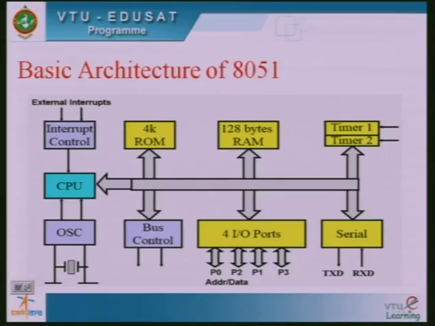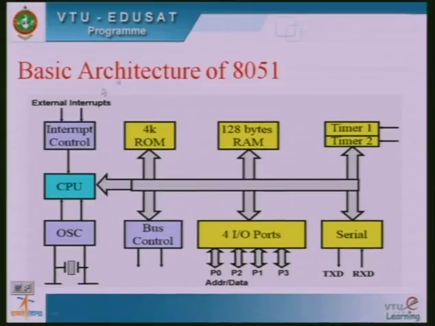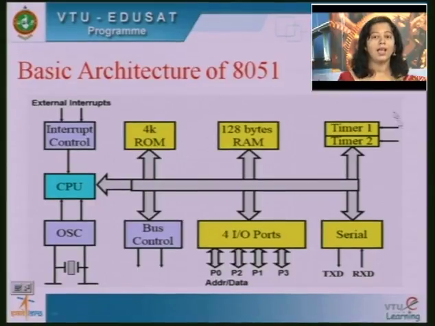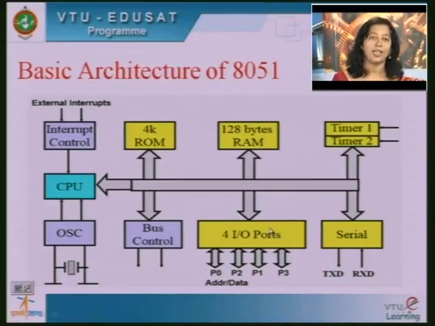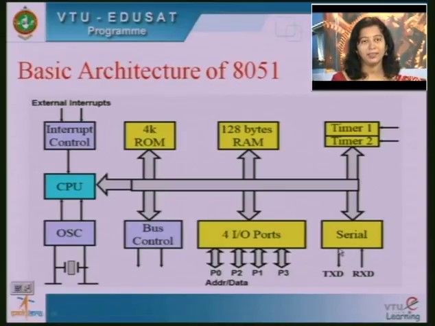Whereas coming to a microcontroller, the architecture is such that all these blocks, that is the internal and external memories, ROM and RAM, and then the IO ports to take in inputs and outputs, the serial communication, and the timers for generating timing delays or generating waveforms, counting events, and so on, and the interrupts.